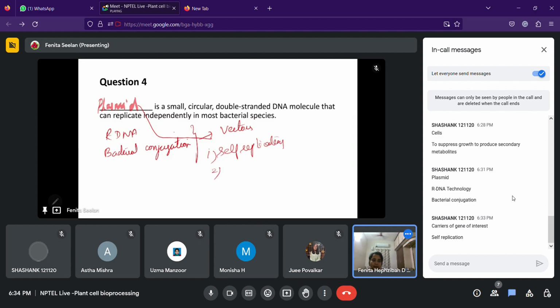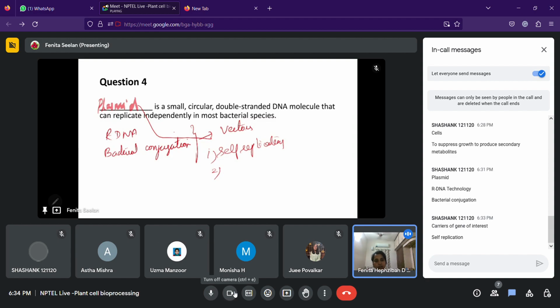What else? Self-replication is one. What are the other things you need in a vector?